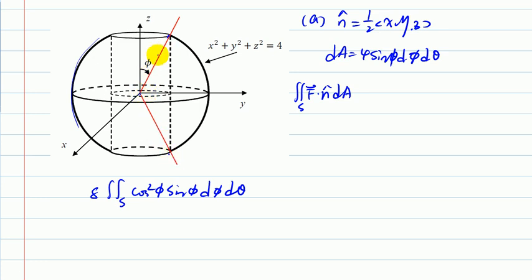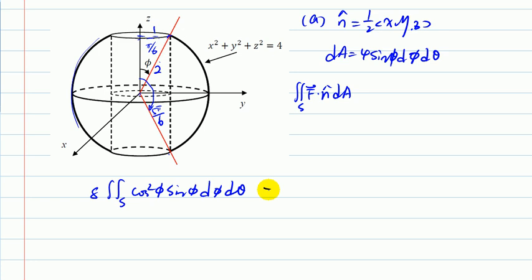So what is this point over here? This radius is 1, because x squared plus y squared equals 1, and the radius of the sphere is 2, so the phi angle here is pi over 6. That's the minimum phi. The maximum is pi minus pi over 6, which is 5 pi over 6.